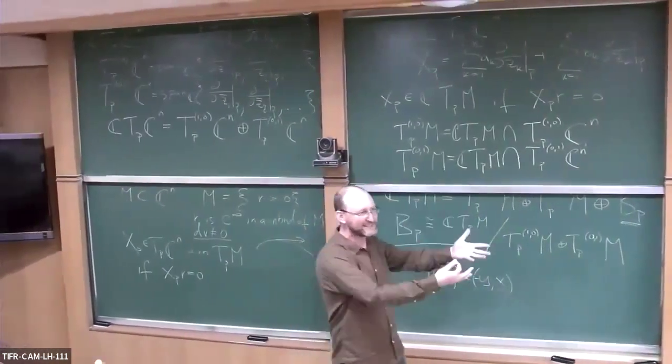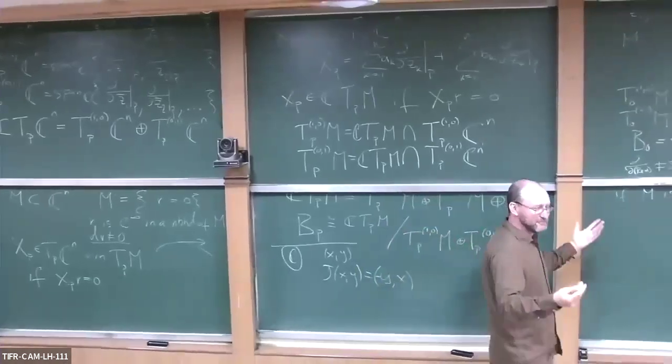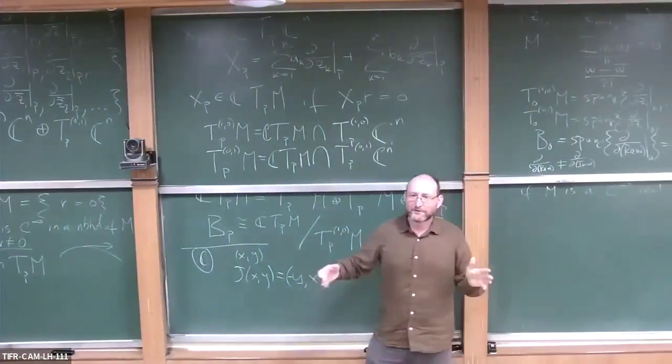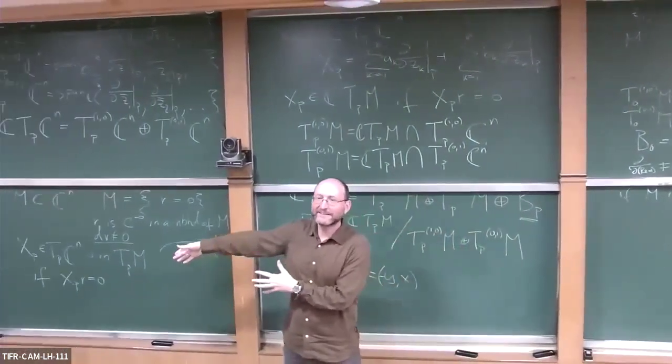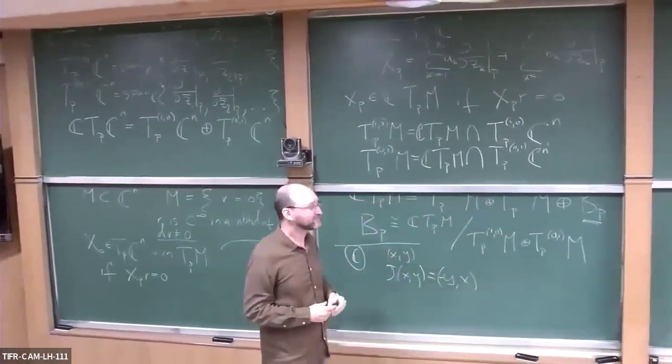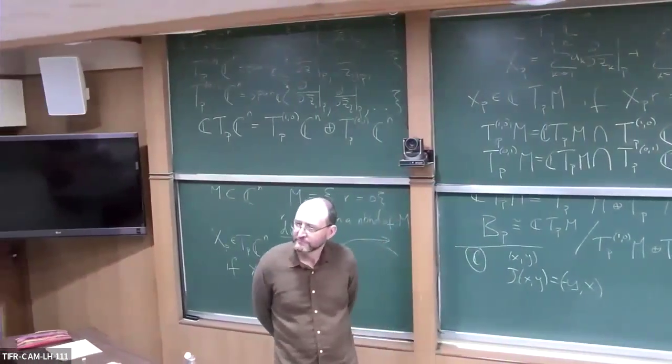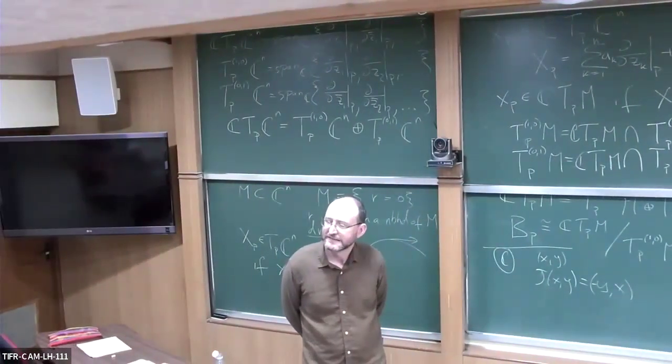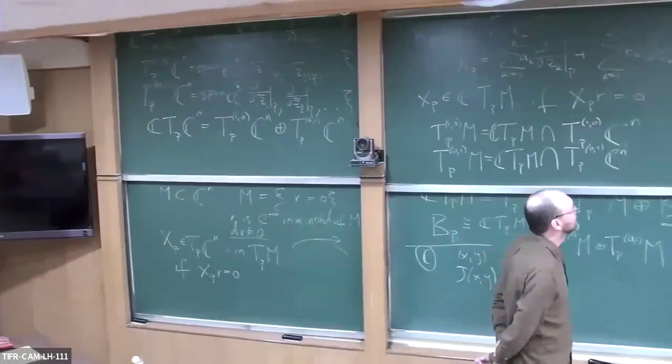It's a complexified distribution. But it's still the same thing. We're just doing either linear algebra over R or linear algebra over C. In the abstract setup, of course, this one is an involutive submodule of the complexified tangent bundle.